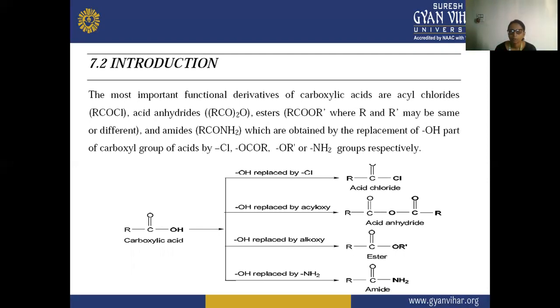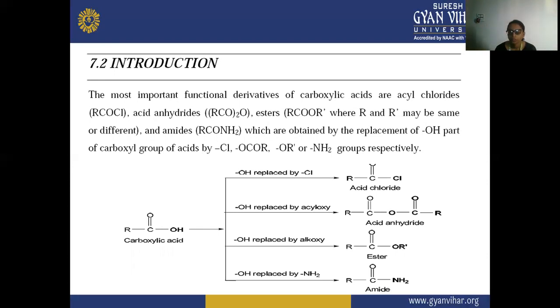In this carboxylic acid, you can see two parts are combined. One is the carbonyl, that is the CO part, and the hydroxyl, that is the OH part. So the CO and the OH part make the carboxylic acid, and these derivatives are derived from this carboxylic acid.